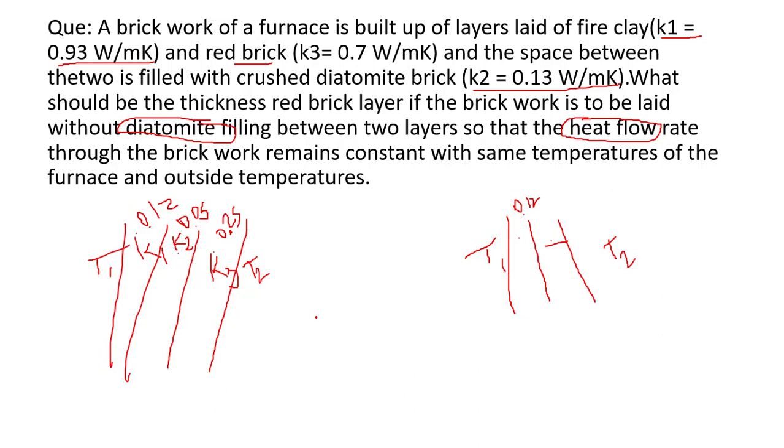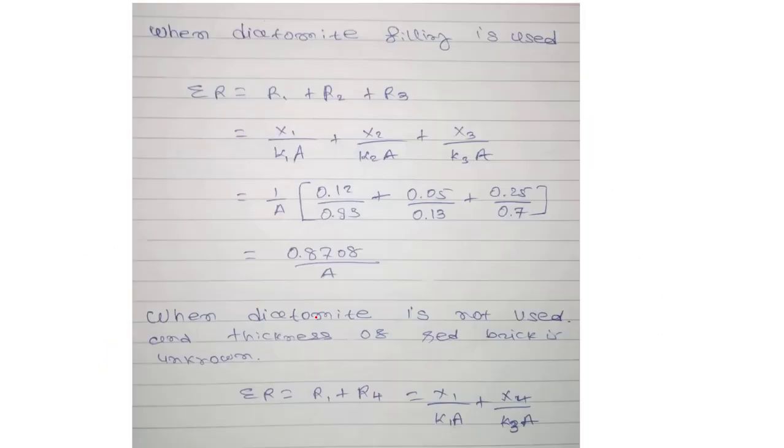X is the thickness, K is thermal conductivity, A is cross section area. Here the cross section of any layer is not given. For the first case, when we use diatomite, we will find the resistance in this case.